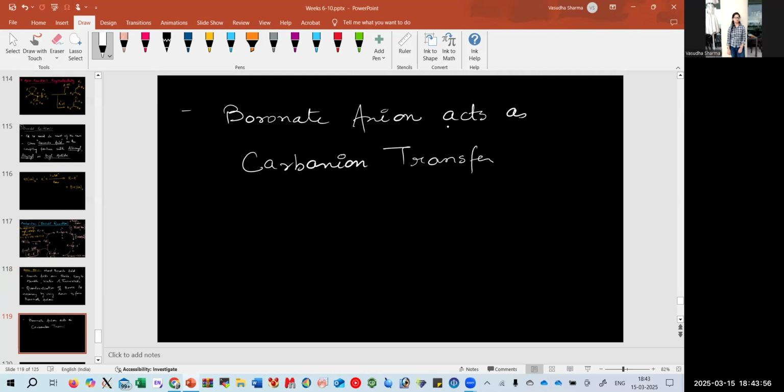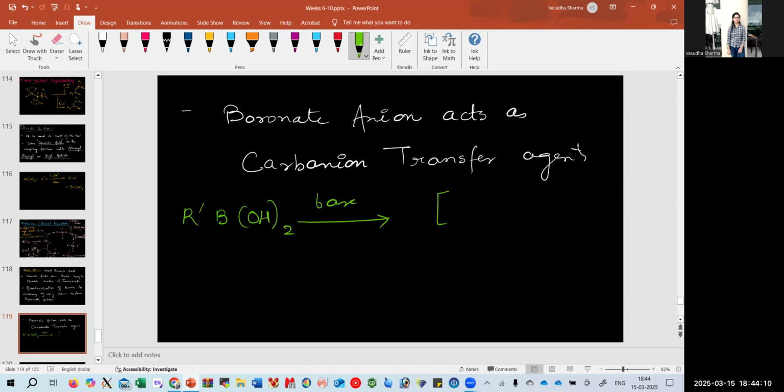transfer agent. For making it more understandable, you saw that firstly it was having R-B(OH)2. At this stage it cannot transfer the R dash. So firstly, in the presence of the base, it forms a boronate anion, giving it B(OH)2 base and leading a minus charge onto this one.